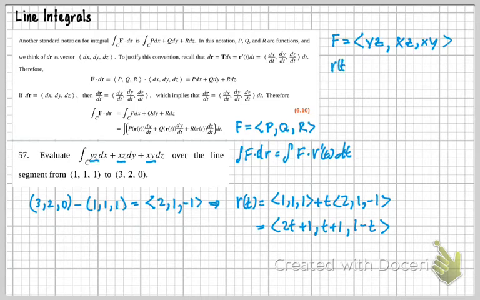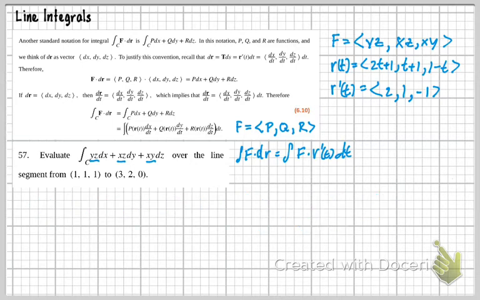So my r(t) equals 2t plus 1, comma, t plus 1, comma, 1 minus t. And now we're going to need our r prime of t for this formula as well. So my r prime of t is 2, 1, negative 1. Now we have all the components we need to evaluate this integral.